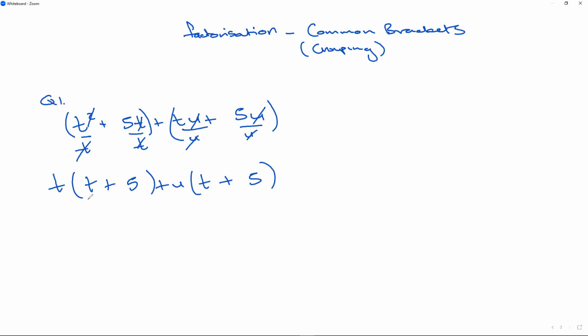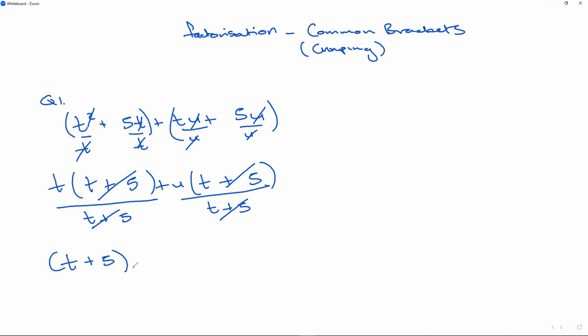I can see that if I divide this side and I divide this side outside the plus, so on the left hand side and right hand side of the plus, if I divide each of them by t plus 5, it'll become t plus u left behind, right? But whatever we divide, remember, we put it in a bracket. So we're going to put t plus 5 in a bracket, and then we'll be left with t plus u.